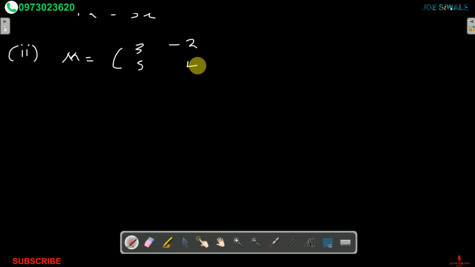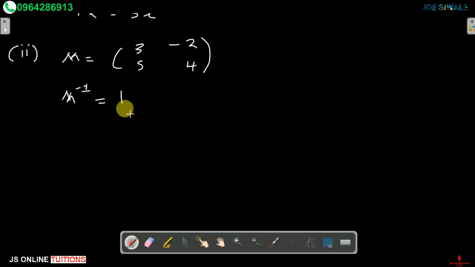Then since we have calculated the value of x as 4, we're going to write down our 4 here. And we can say that the symbol of inverse is written in this form. So that is going to be equal to 1 divided by the determinant of M, then multiplied by the matrix.